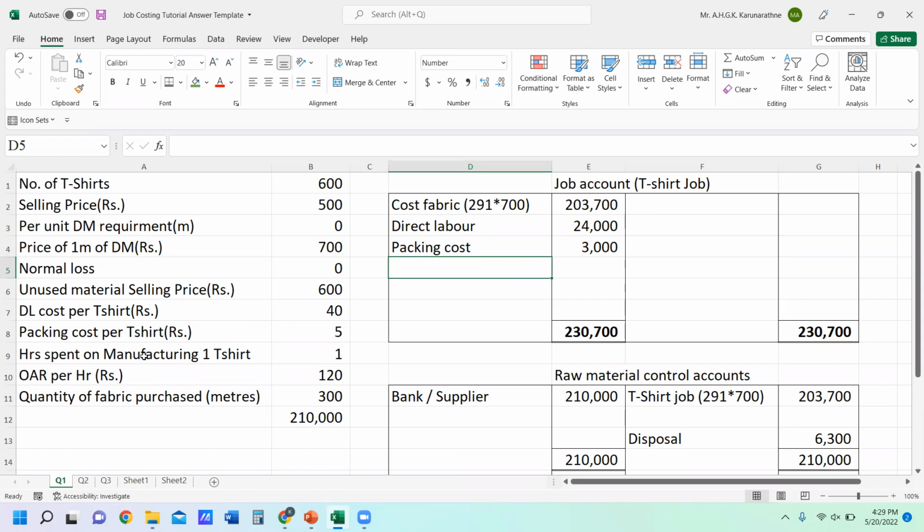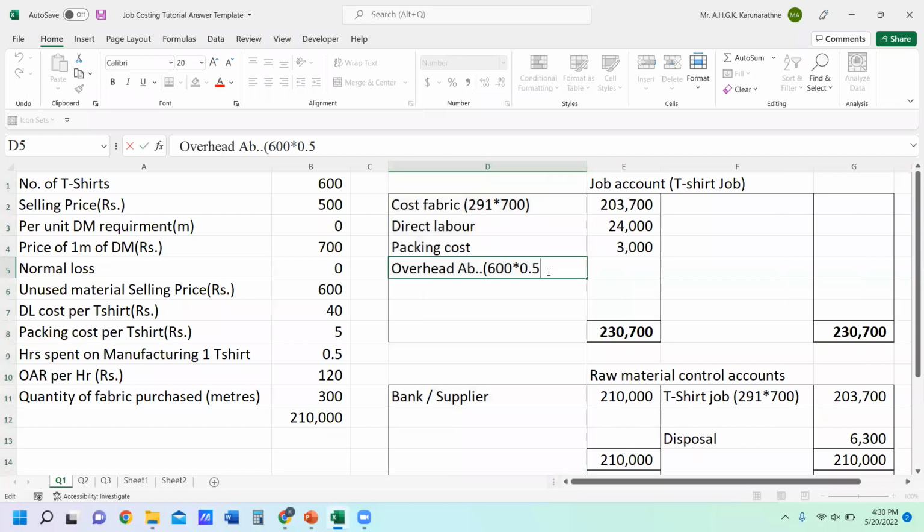Then the hours spent on manufacturing one t-shirt. I think it is 0.5 hours per t-shirt, half an hour to make one t-shirt. The overhead absorption rate is 130 per hour. Let's put the overhead absorption briefly. How does the overhead absorption come? 600 units produced, 0.5 hours per unit. The rate is based on how many machine hours used, so labor hours used: 300 labor hours.